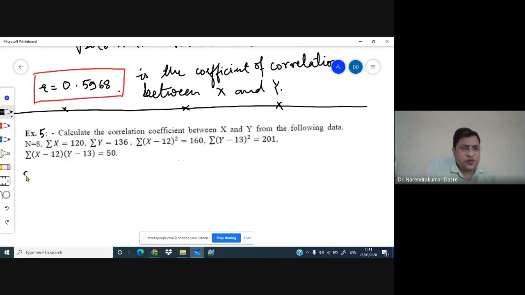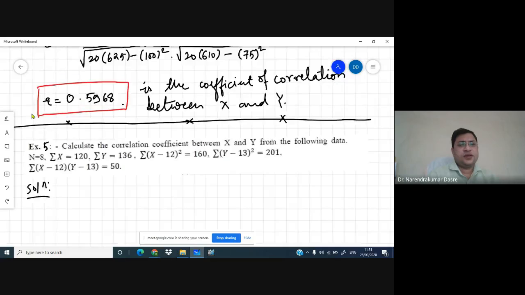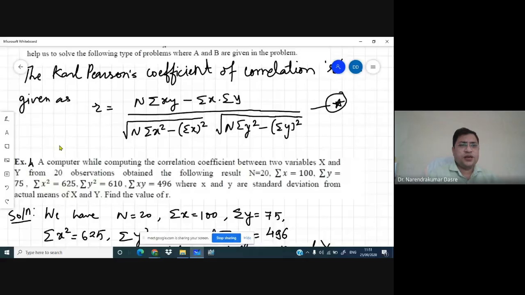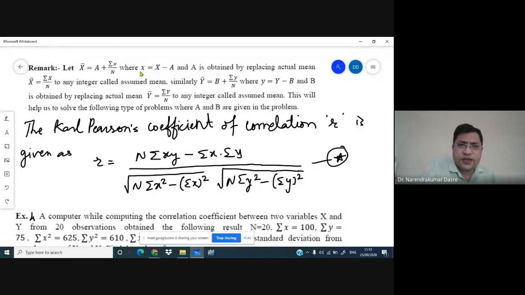Okay, so we go with the solution, and you can see here x minus a and y minus b. As given in the remark, small x is equal to capital X minus a and small y is equal to capital Y minus b.